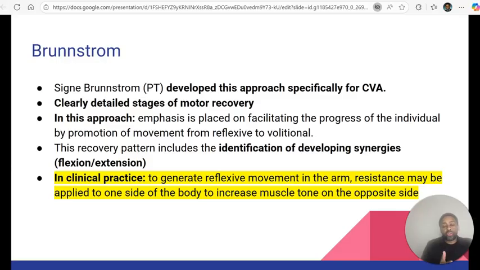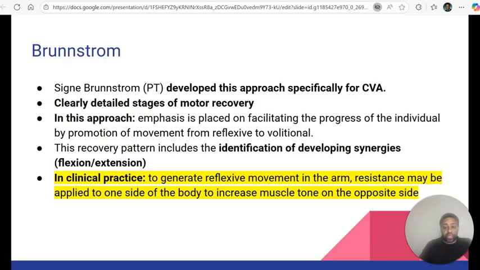The approach is that the arm goes through a certain progression in terms of motor recovery, and the emphasis is placed on facilitating that progression from reflexive movement to eventually getting to volitional movement. Essentially, the theory postulates that there will be a flaccid presentation, then spasticity appears, then there's strong movement and synergy.